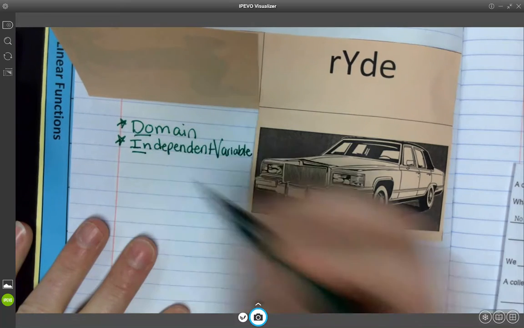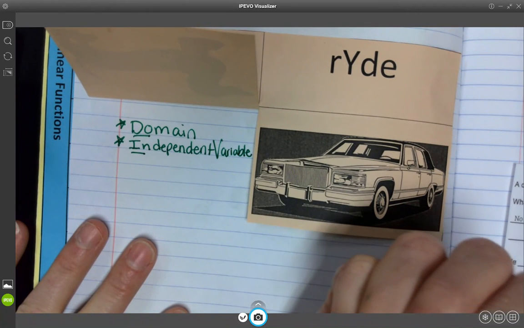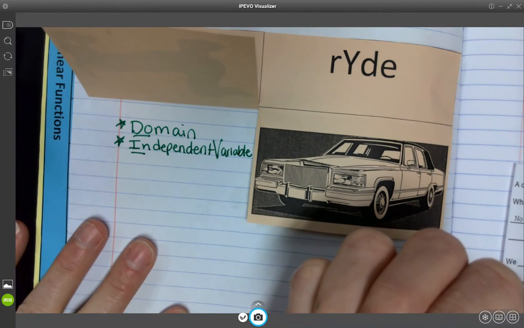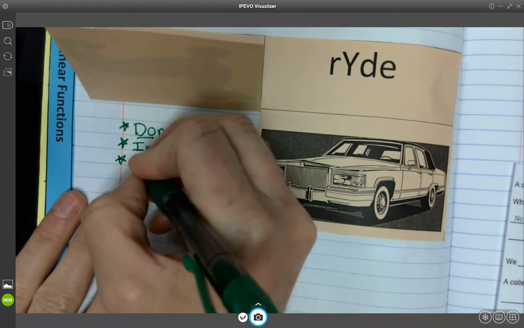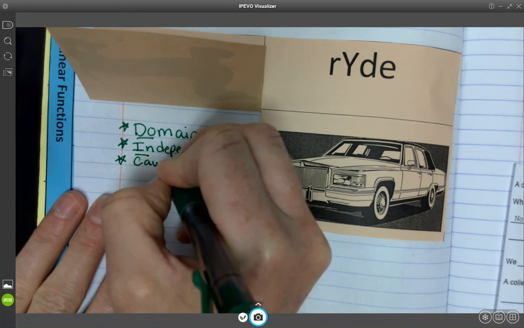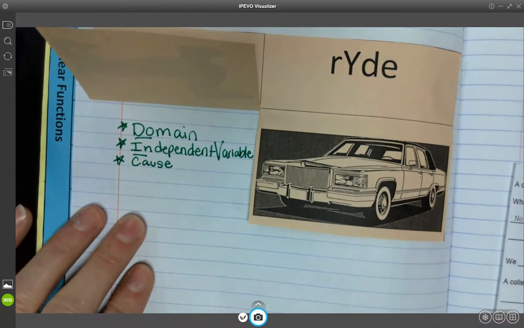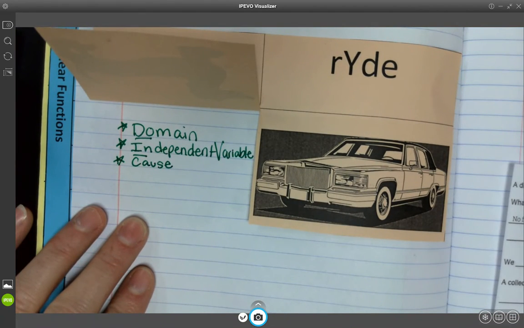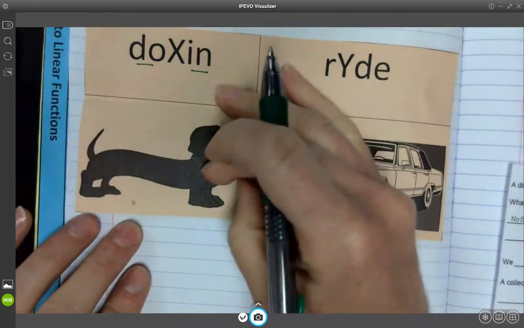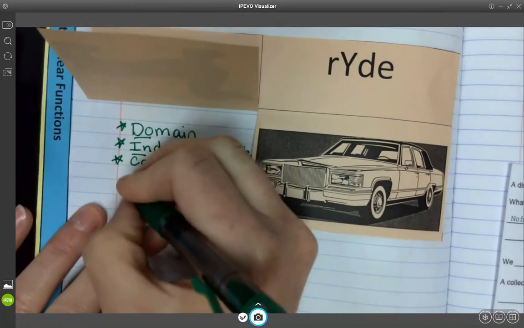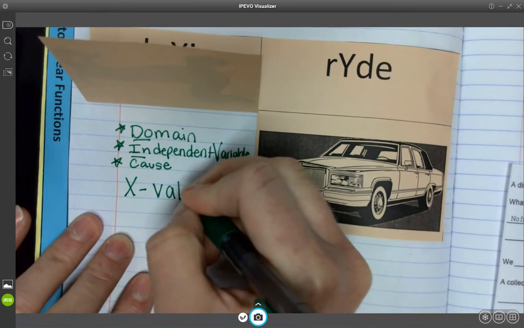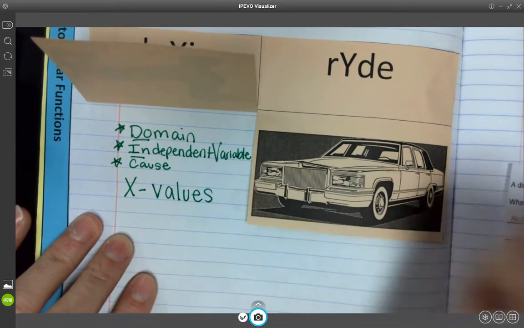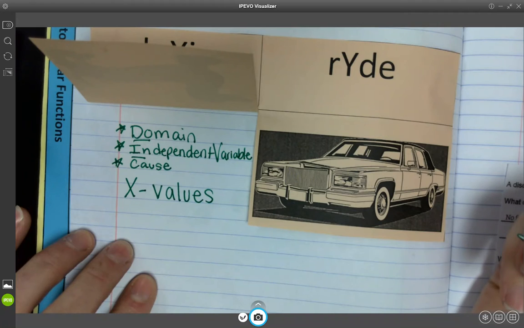And the last thing is cause. So the X value is going to cause something to happen to the Y value. So the doXin is all about our X values of a relationship. Remember, a relation is just a pair of X and Y values.